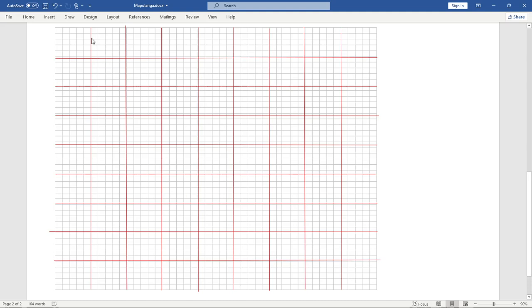If this is our y-axis, remember to always use a ruler. Then I'll have my x-axis here on the bottom.